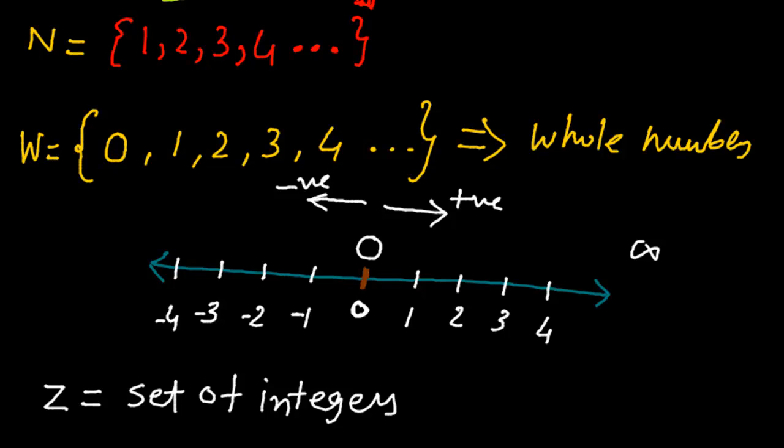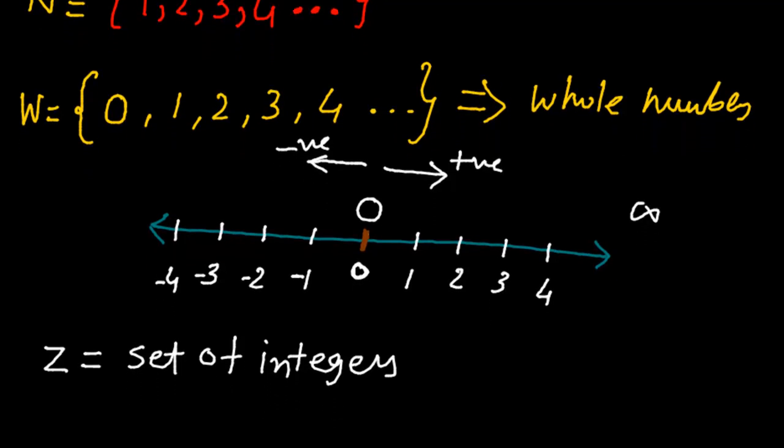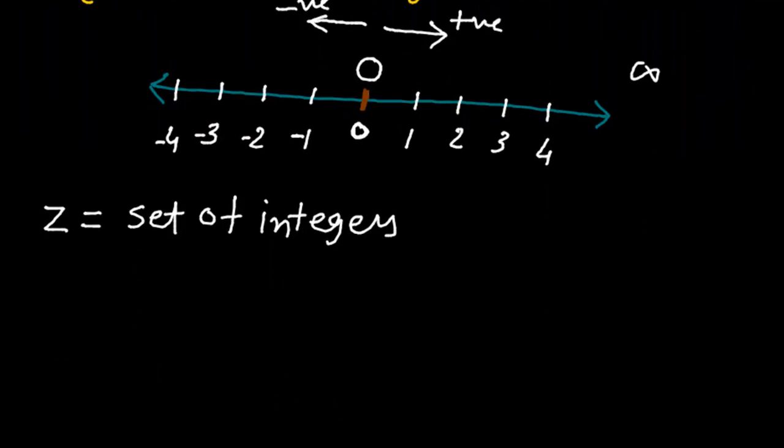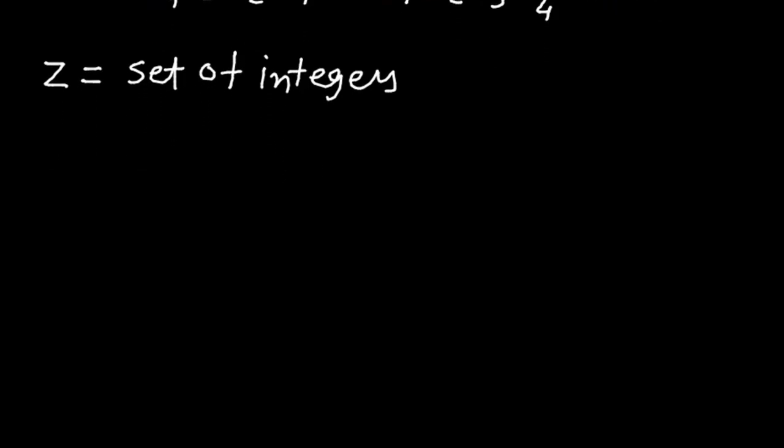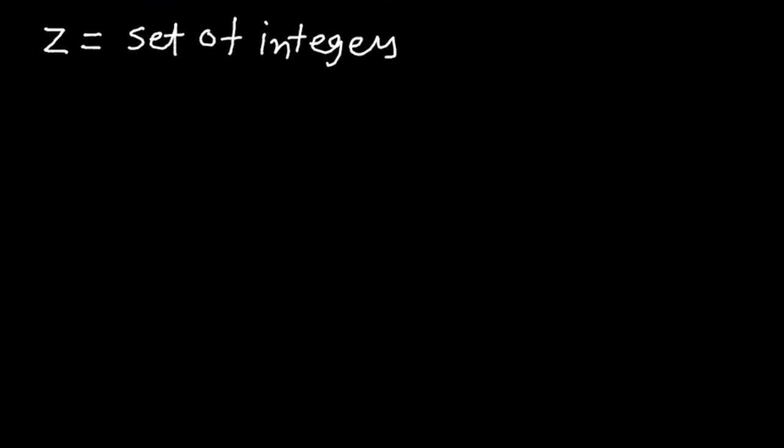Okay, now the next kind of numbers that we are going to talk about are rational numbers. What are rational numbers?